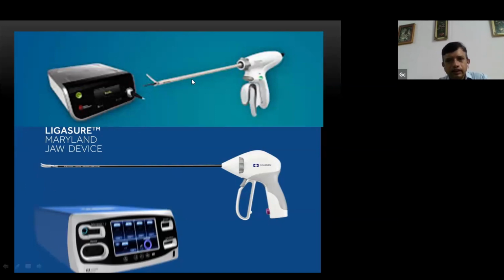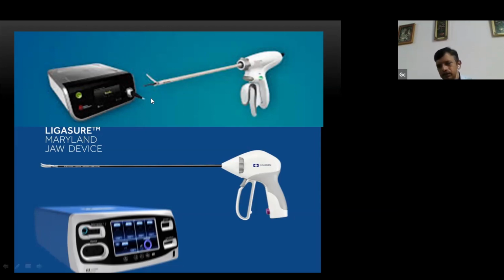In the ultrasonic device, the active jaw is very sharp and very comfortable to go into a small area, and two jaw sizes are available, 5 mm and 7 mm.